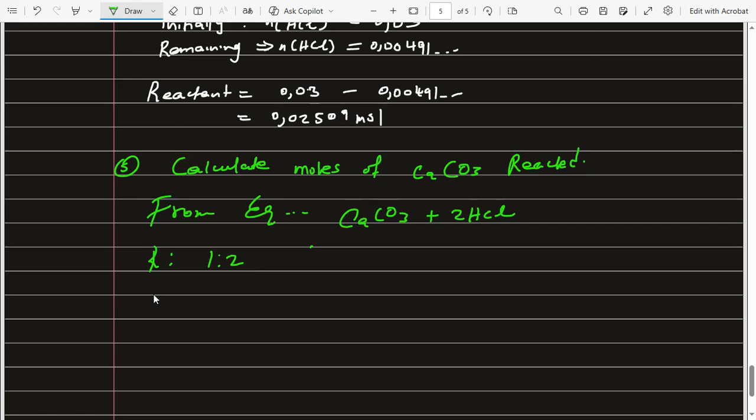So if 1:2, the number of moles of this one should be half of that. So the number of moles for CaCO3 will be half the number of moles of HCl that reacted. So it's going to be half of 0.02509 mole. Okay, already I have the half there. And what do you get?